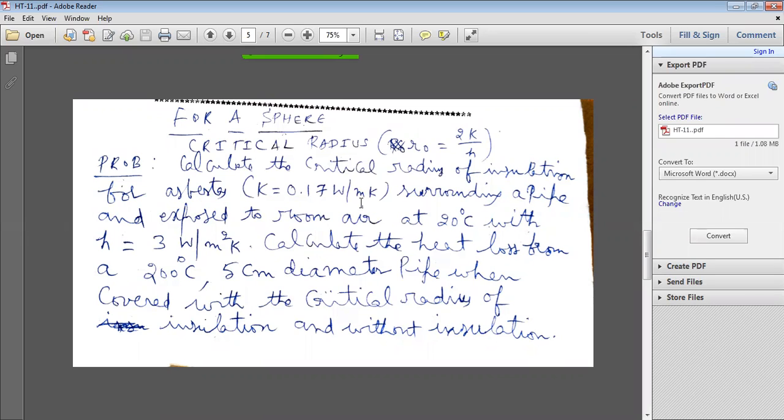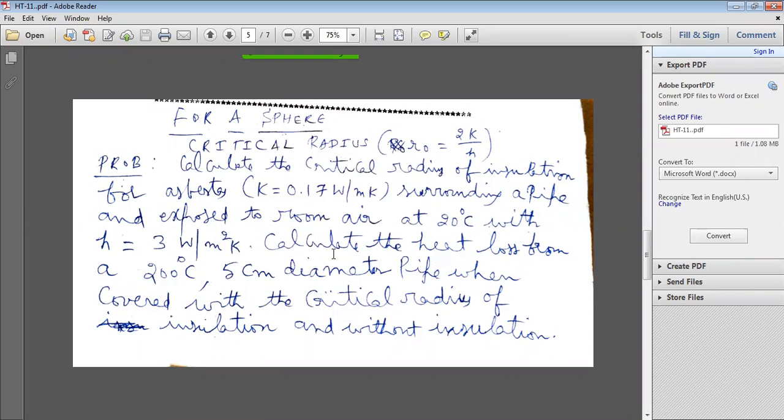So here it is a cylinder or pipe, and you have to calculate the critical radius of insulation. The material is asbestos, thermal conductivity k is 0.17, outer convective environment temperature 20 degrees centigrade, outer convective heat transfer coefficient 3 watts per meter square Kelvin.